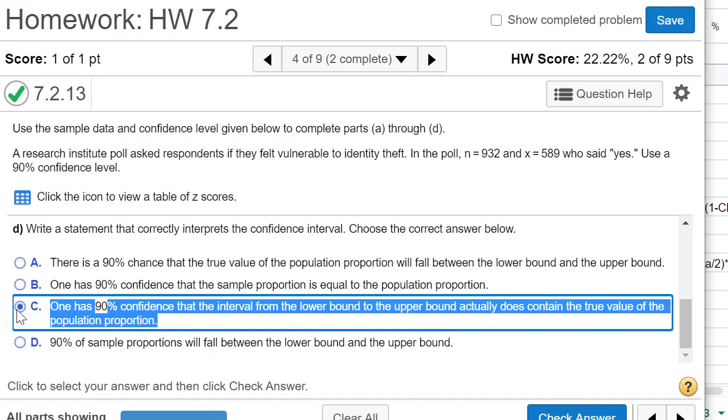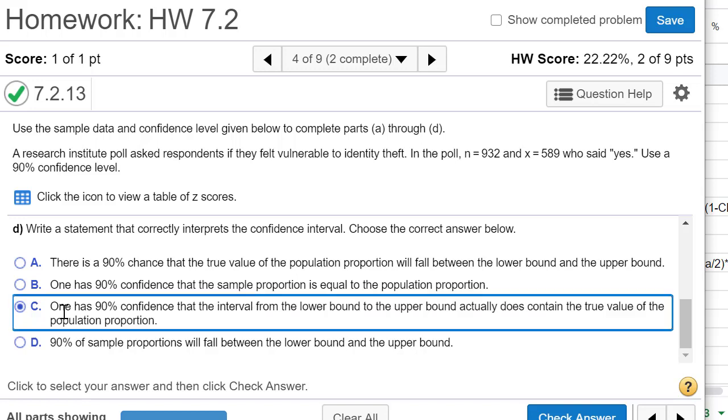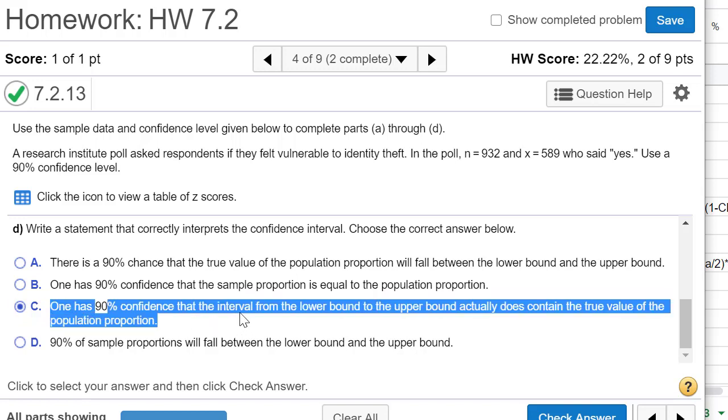That looks like it's a good candidate. And then the last one, 90% of the sample proportions will fall. Again, will fall is not a good phrase that we want to use. So we can say that we are 90% confident that the interval from the lower to upper bound actually does contain the true value of the proportion.